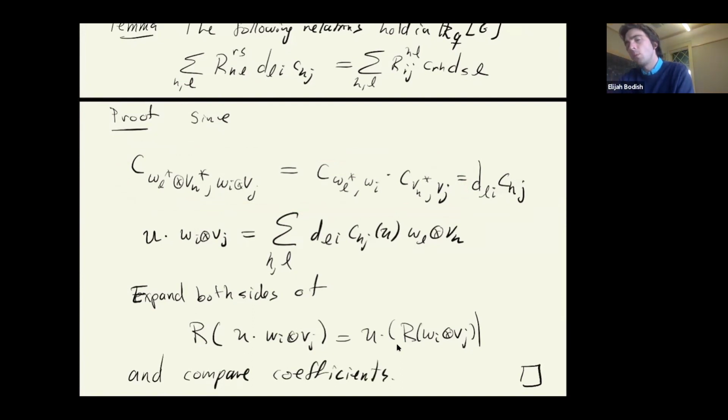So does this relation trivialize in the classical case? Right. I mean, well, it's not. It says that the algebra of functions is commutative.